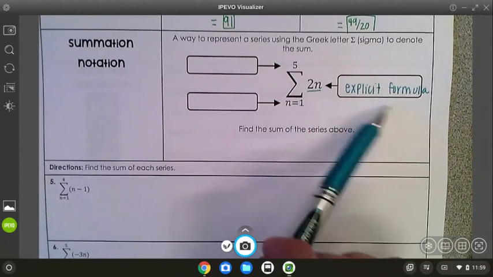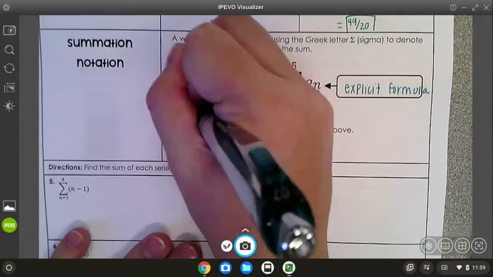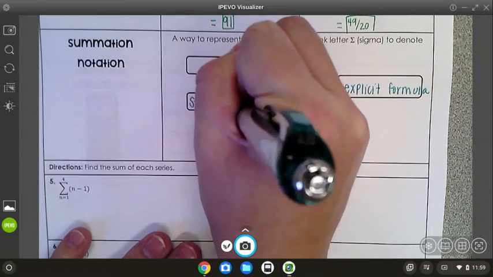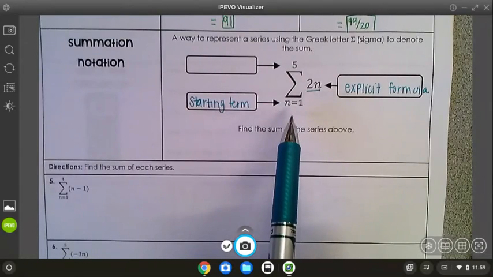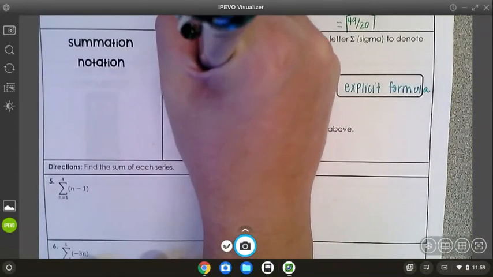So that's the formula that goes there. And this is going to be your starting term. So really, we always start with 1 in the bottom. And this is your ending term.